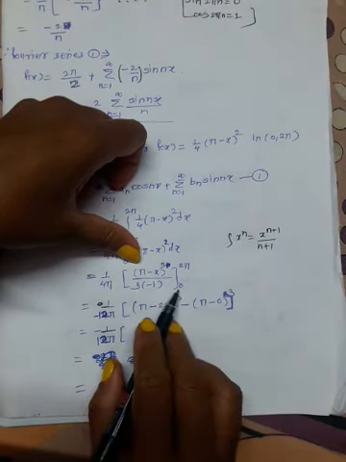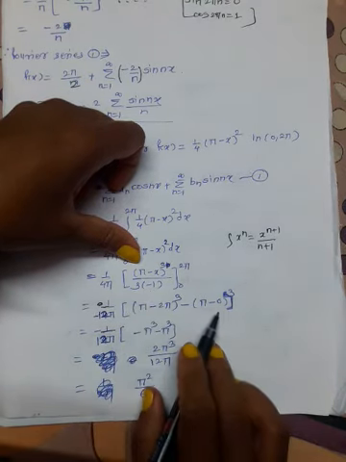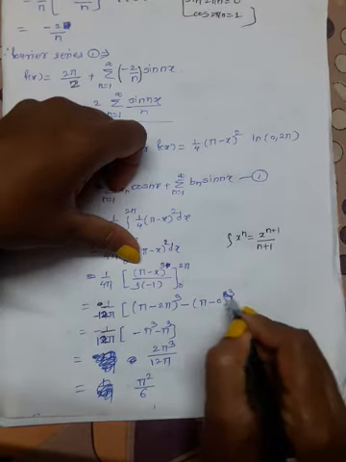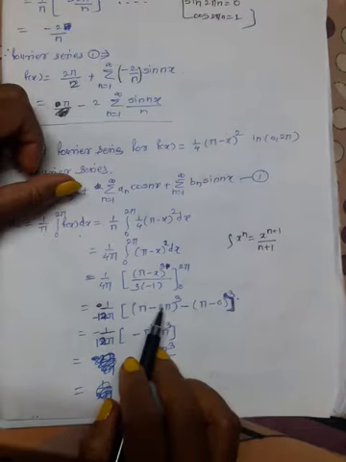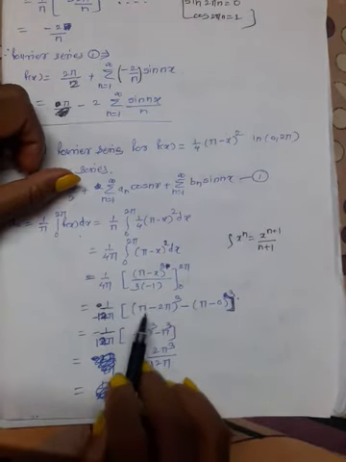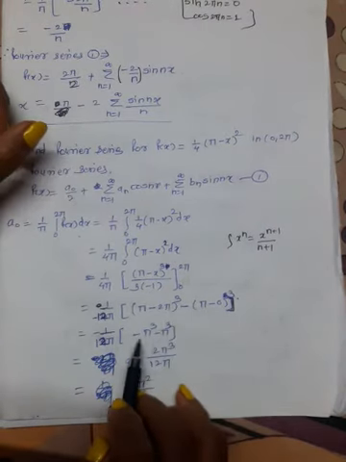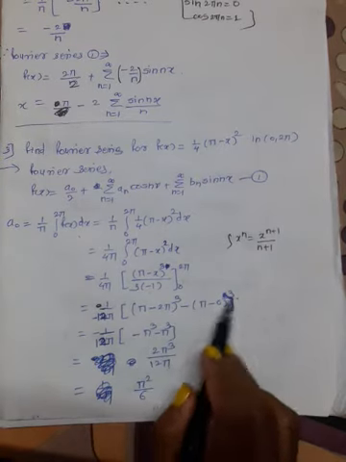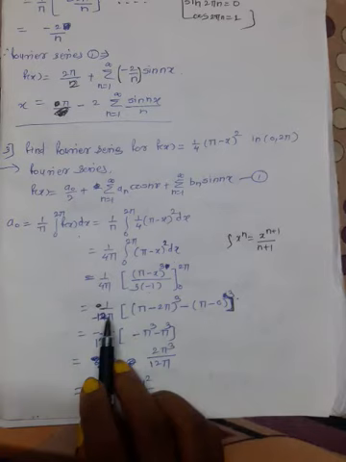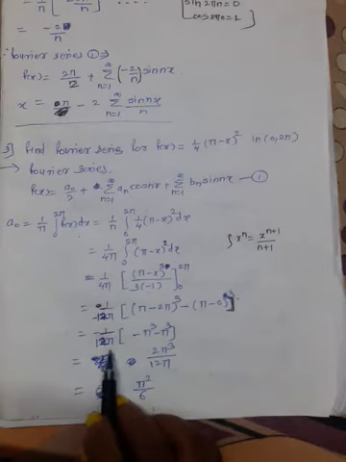Minus lower limit, put x is equal to 0. It becomes (pi minus 0) cube. Bracket complete. Okay. Now pi minus 2 pi is minus pi. Minus pi cube becomes again minus pi cube. And this is minus as it is, and pi cube. Minus pi cube, this is minus 1 upon 12 pi as it is.